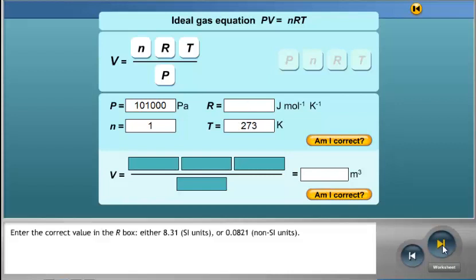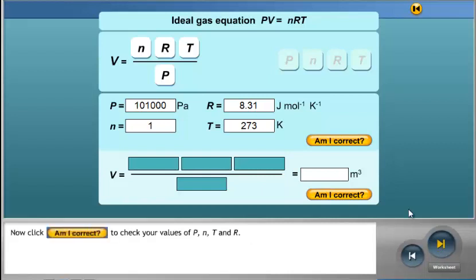Enter the correct value in the R box, either 8.31 SI units or 0.0821 non-SI units.